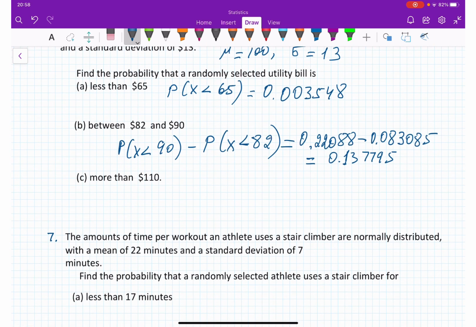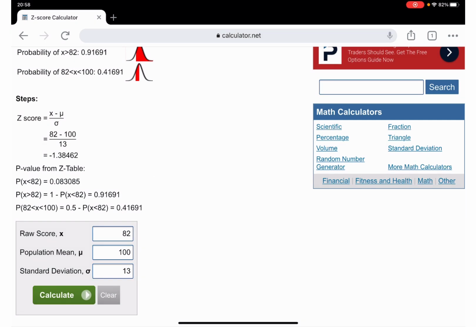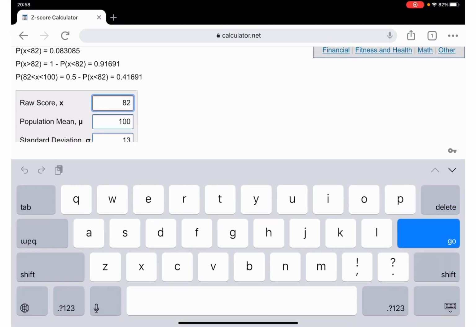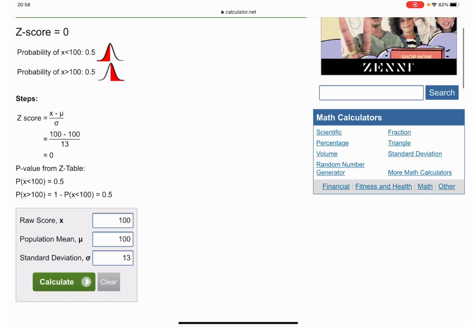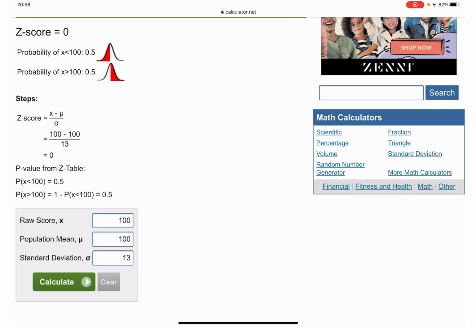Now, more than 100. So to find probability x greater than 100, we have to do 1 minus probability x less than 100, right? So let's plug 100. And that's going to be equal to 0.5. Why?